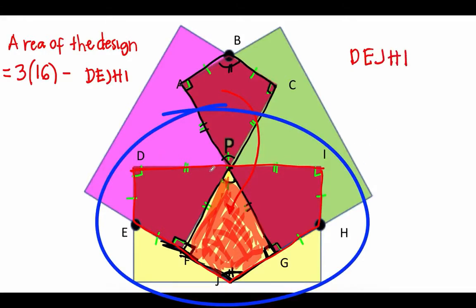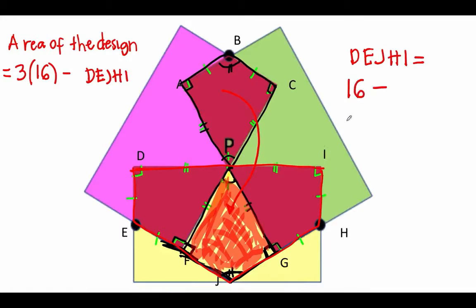Notice that we can find the area of this polygon DEJHI by starting from the area of the given rectangle here, which has an area of 16 square meters, and we can subtract the area of these two yellow triangles, so minus the area of triangle EKJ and the area of triangle HLJ.